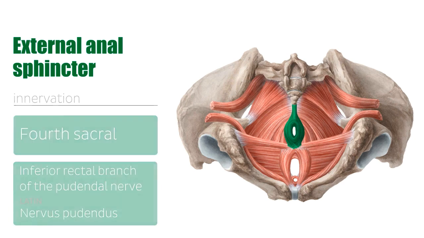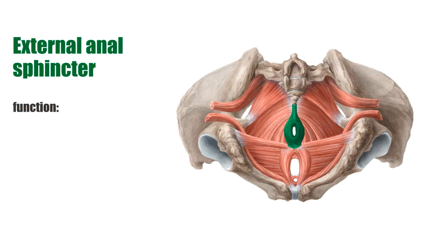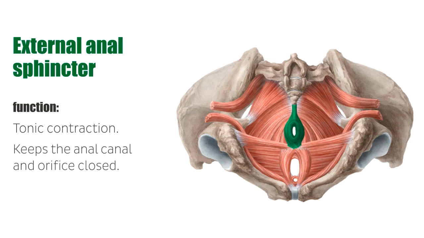Like a quick word on the different functions associated to the external anal sphincter. Now, the actions associated to this muscle are a bit peculiar. It is, like other muscles, always in the state of tonic contraction, and having no antagonistic muscle, it will be then keeping the anal canal and orifice closed.